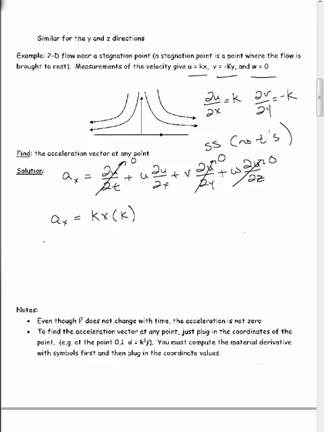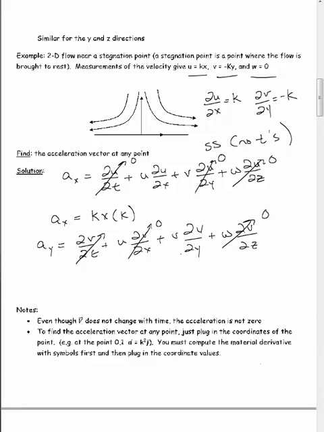So let's go ay. dv dt plus u dv dx plus v dv dy plus w dv dz. Well, let's look at this. No t in v. dv dx, well, that's 0 because there's no x in there. We do have a dv dy. w is still 0, so that's going to go away.